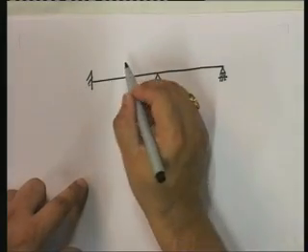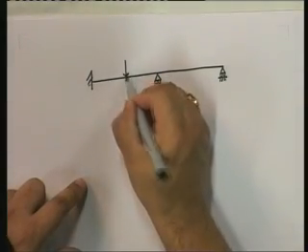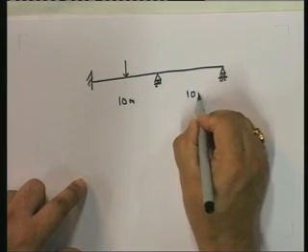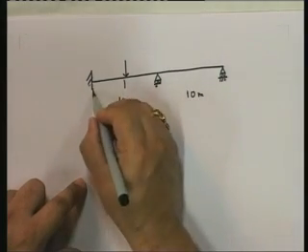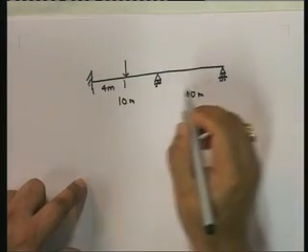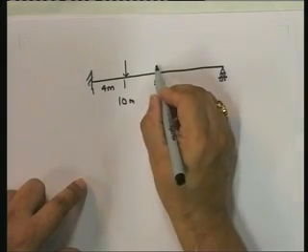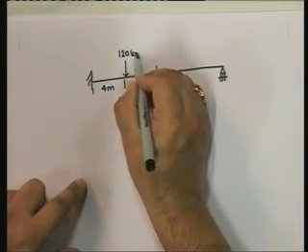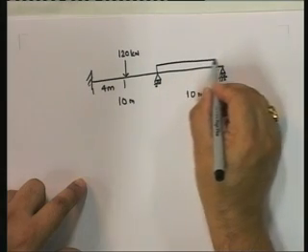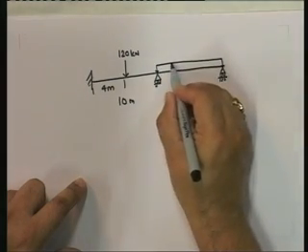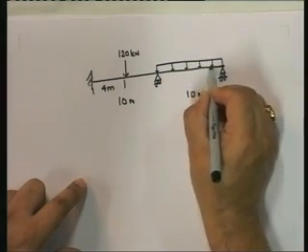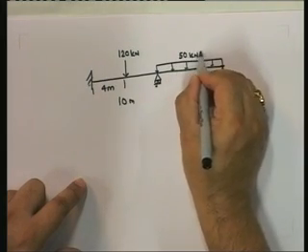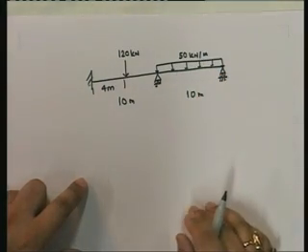Okay, and the loading here, this is 10 meters, this loading is 4 meters, and this load is 120 kilonewton, and I have loading here, this is 50 kilonewton per meter.